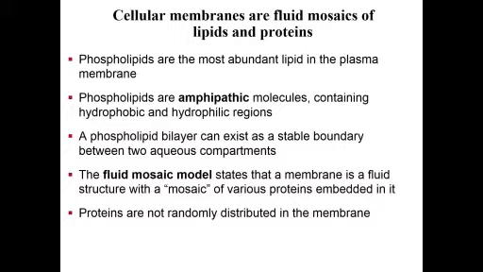Things don't stay where they are. Lipids are constantly moving back and forth, and it's a mosaic because you have proteins embedded in the membrane. If you look at it from below, you have these little fragments of proteins dispersed randomly throughout the phospholipid bilayer. So it looks like a mosaic.